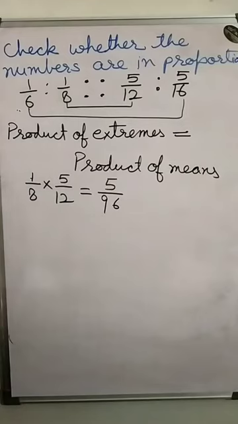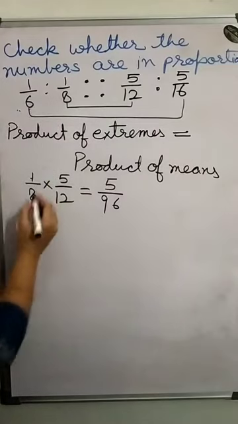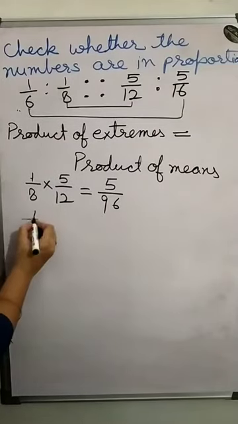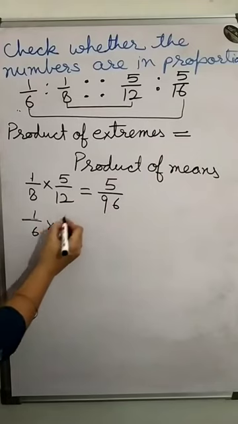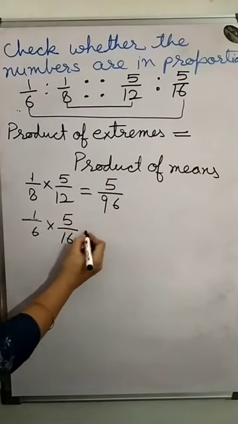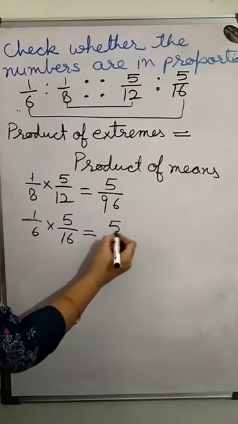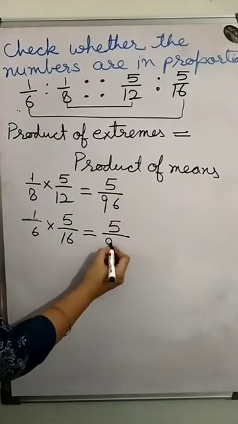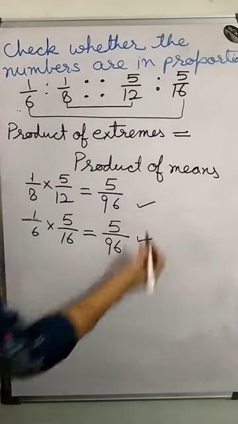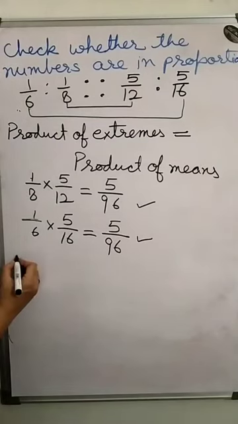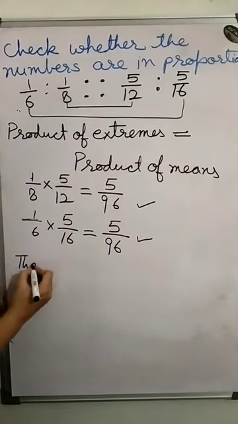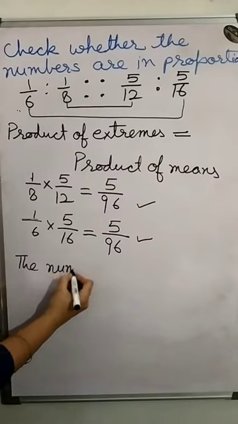And in the same way you calculate 1/6 and 5/16. 1/6 multiply 5/16, and it is 5 multiply 5, and 16 sixes are, this is again 96. These two are the same, so we can say these numbers are in proportion.